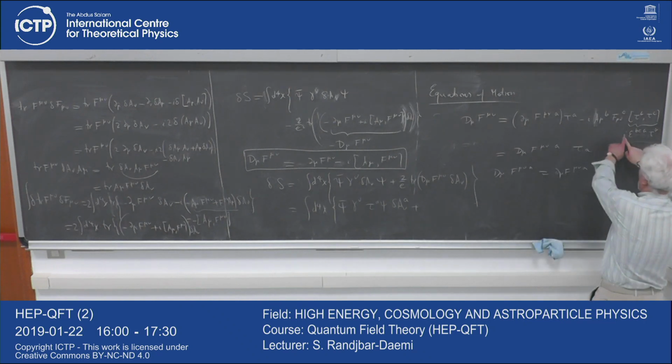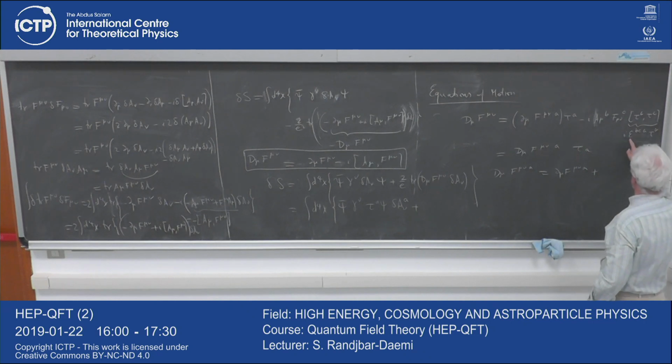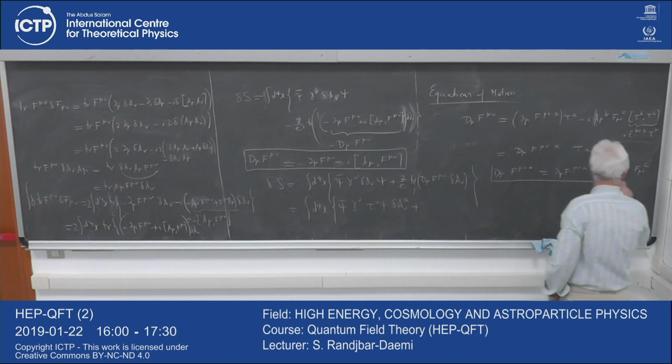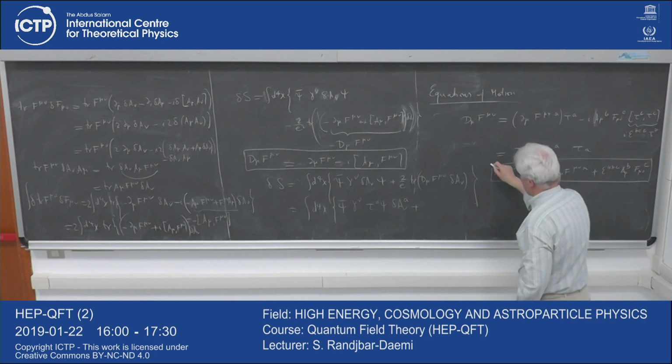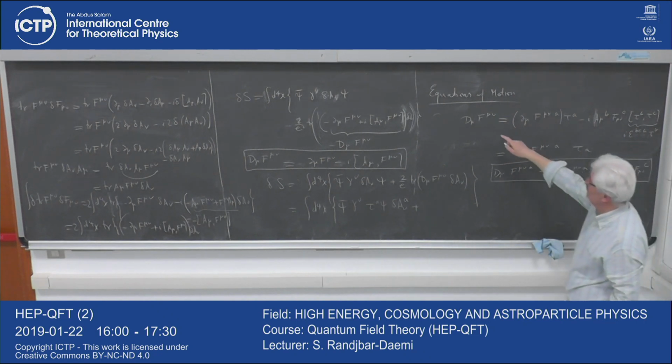There's i here and minus i there, so that makes it plus. There's epsilon bca, which you can write as epsilon abc in the natural order, delta mu b and f mu nu c. These are the components of the covariant derivative of f.